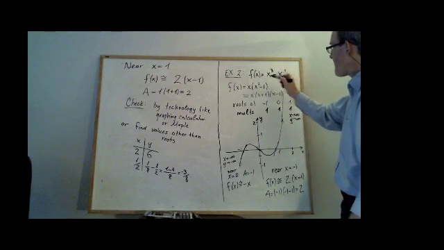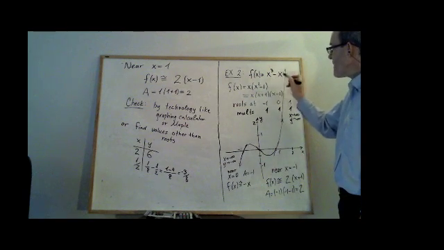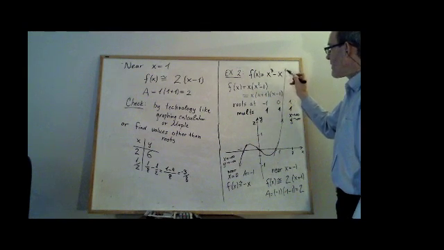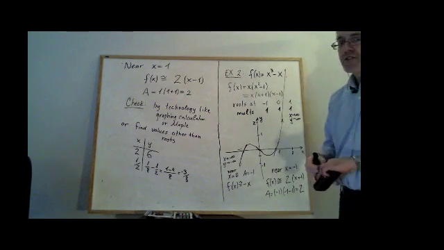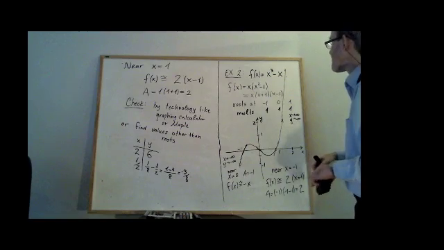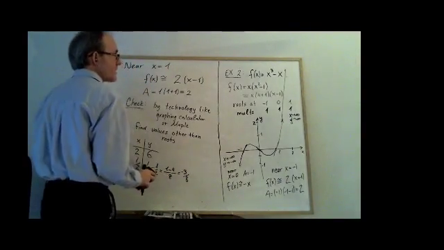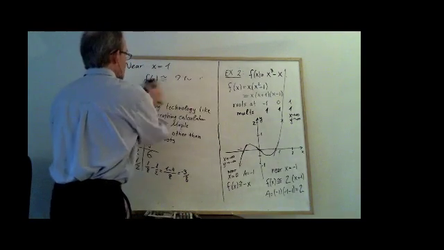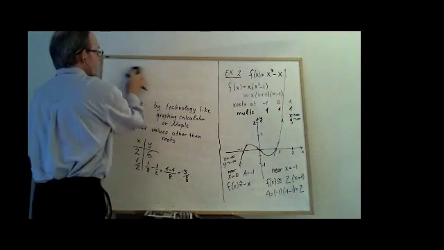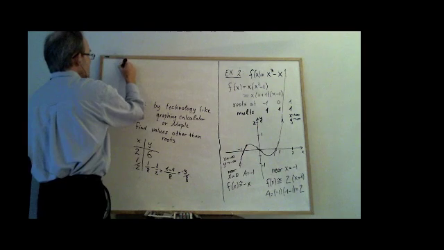Now, how can you see that from the original equation? If the equation is just a sum of only odd terms, then it has an odd symmetry. Let's go back here and check the symmetry.